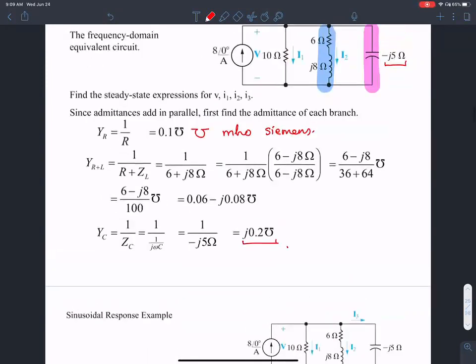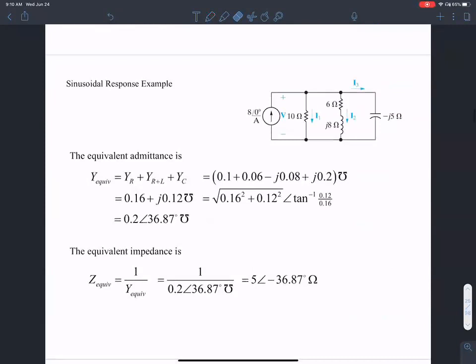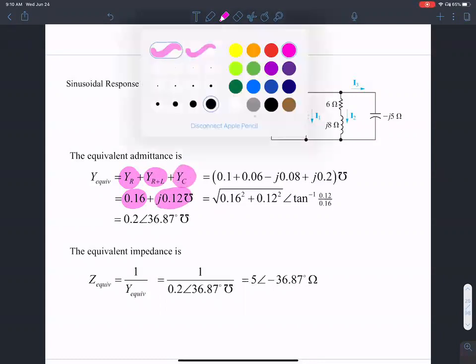So now what I have is three values: 1, 2, and 3. I can simply add them all to get the admittance of the overall parallel combination. So I add YR, YR plus L, which I got from the previous step, and YC as well.